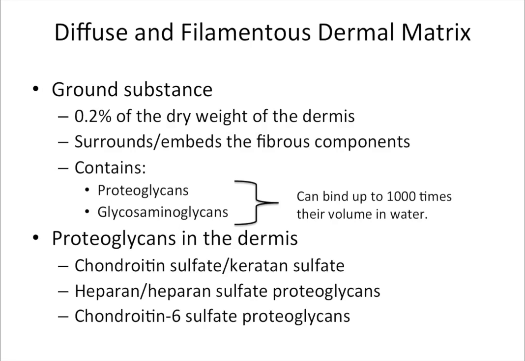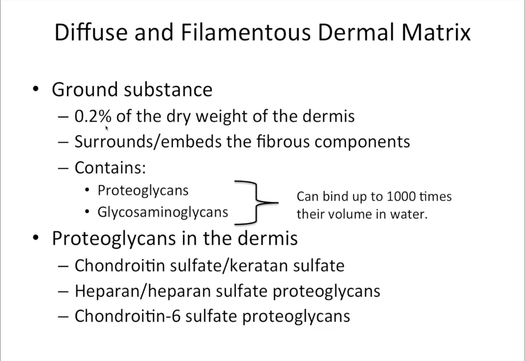So generally speaking, in the dermis now, we have the diffuse and filamentous dermal matrix, and again the ground substance. This is essentially one key component of the matrix. We have 0.2% of the dry weight of the dermis.